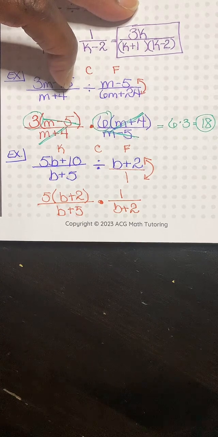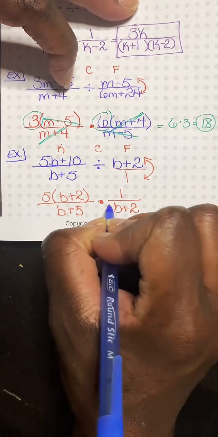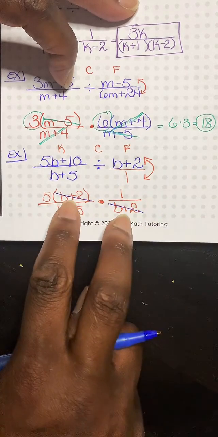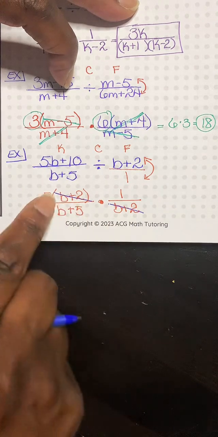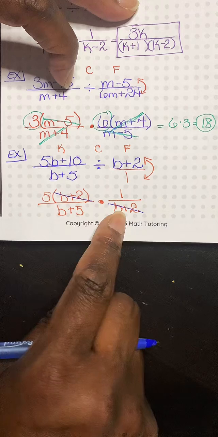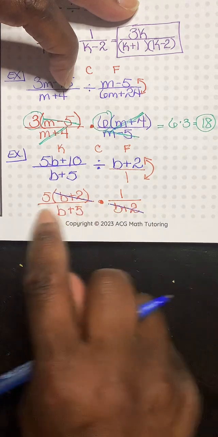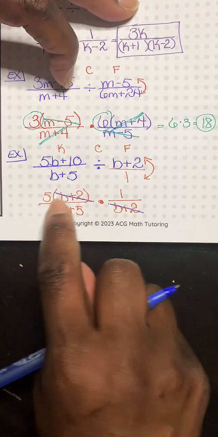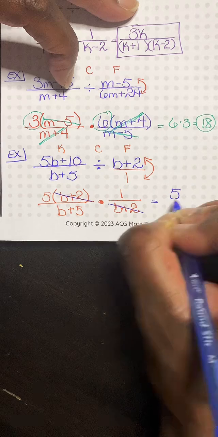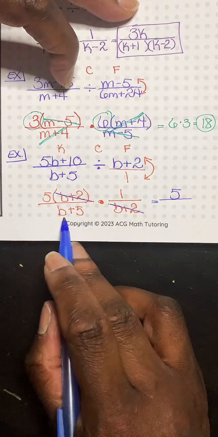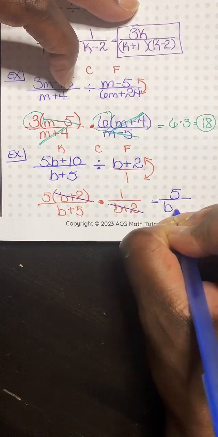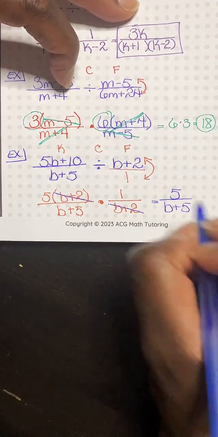Okay. So we can cancel out b plus 2 and b plus 2 because we have the same exact expression. One's in the numerator and one's in the denominator. Once we simplify, we multiply. So 5 times 1, that'll give me 5. And b plus 5 times 1, basically, is b plus 5.